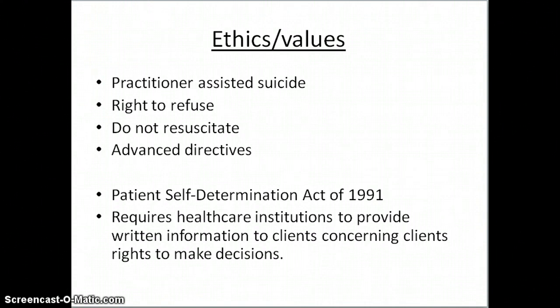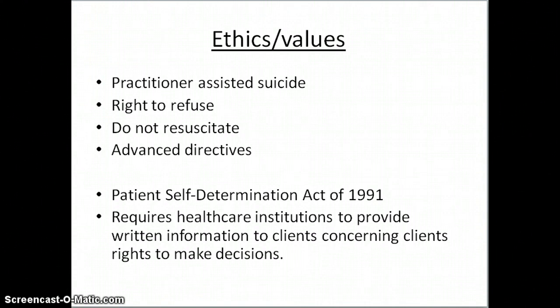Our advanced directives are such things as living wills, healthcare proxies, durable power of attorney for healthcare. It's important we understand each one of those. That living will directs treatment. It directs what medical procedure a person that's terminally ill wants. And so if somebody has a living will, it describes in there what exactly they do or do not want for further treatment.